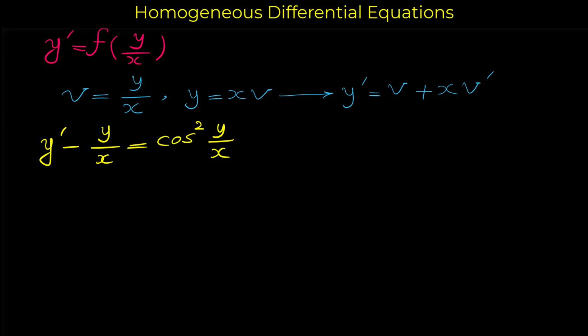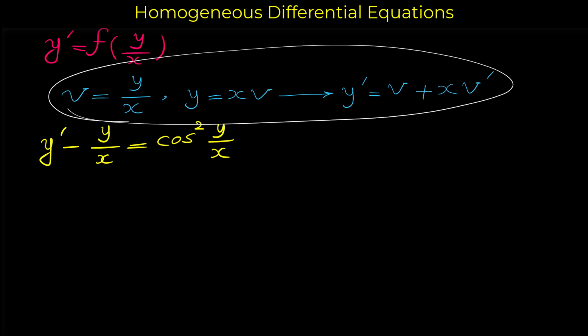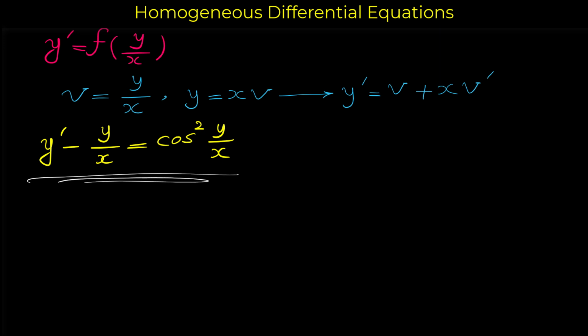It is completely clear that this differential equation is a homogeneous differential equation, because here and here we have y over x, and occurring y over x here and here makes it clear that this differential equation is homogeneous. And so we use this substitution for solving this differential equation.